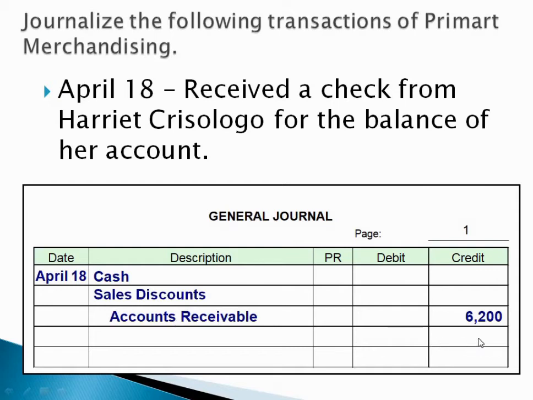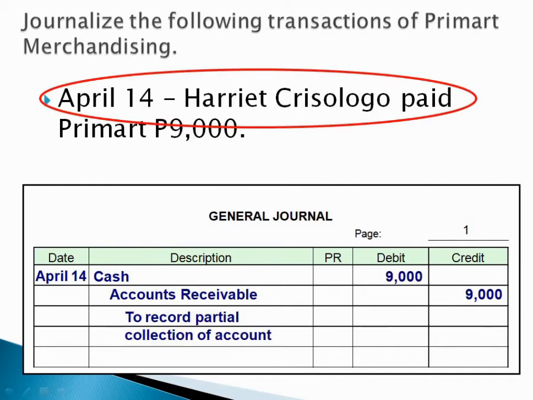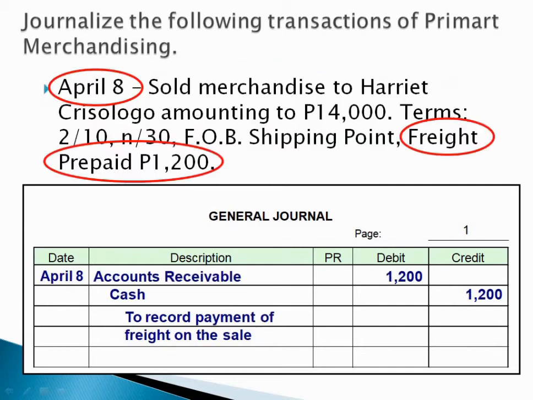What must be the basis of the 2% discount? This final payment of 6,200 only, or including the partial payment on April 14 amounting to 9,000? Including this 9,000, because this was also made within the discount period, right? But excluding this accounts receivable amounting to 1,200 arising from the freight paid by Primark, which must have been shouldered or paid by Harriet to the courier.